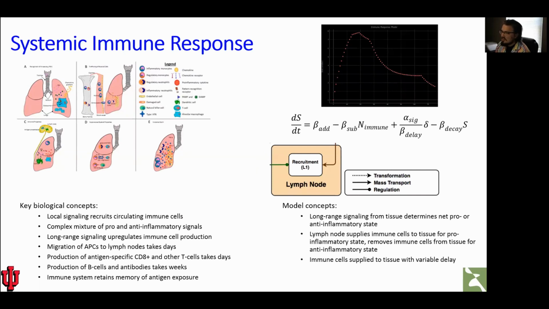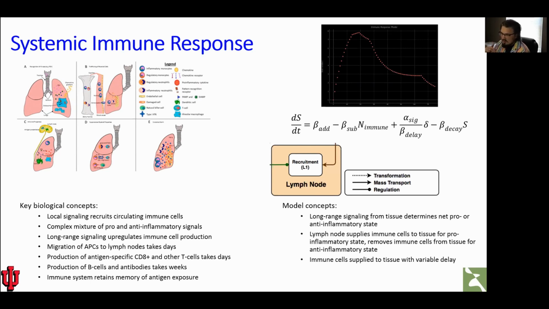Now we represent this with a single ordinary differential equation that describes the net pro or anti-inflammatory response or state of the systemic immune system. This represents the long-range signaling where the lymph node that's represented by this compartmental model supplies immune cells to the spatial domain of our simulation where our infected epithelial cells are.